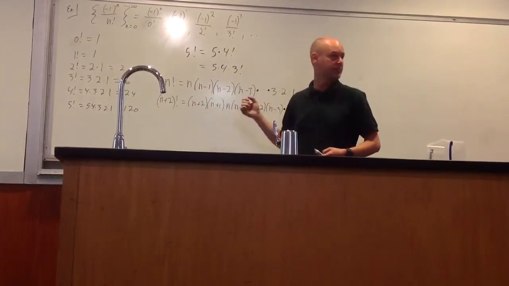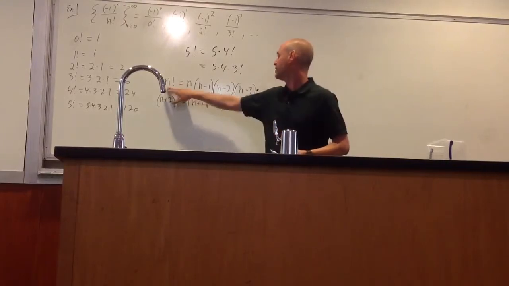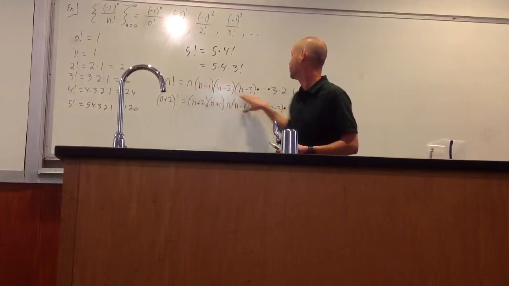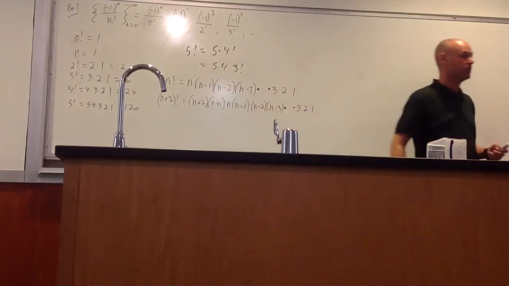So you start with n, the next one you take one away from n, the next one you take one more away, the next one you take one more away, the next one you take one more away, all the way down.